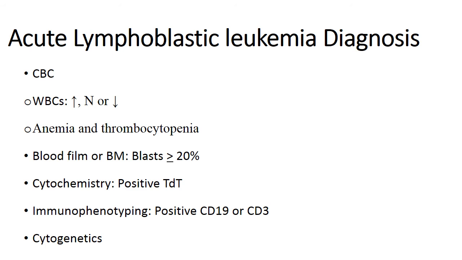Cytochemistry will give a positive TDT, or terminal deoxynucleotidyl transferase, and will give negative MPO, or myeloperoxidase, and Sudan black B. Immunophenotyping will show the lymphoid markers on top of the blasts, as in the case of B lymphoblastic cells expressing CD19, and T lymphoblastic cells expressing CD3. Cytogenetics may aid in the classification and may share in the decision of treatment.